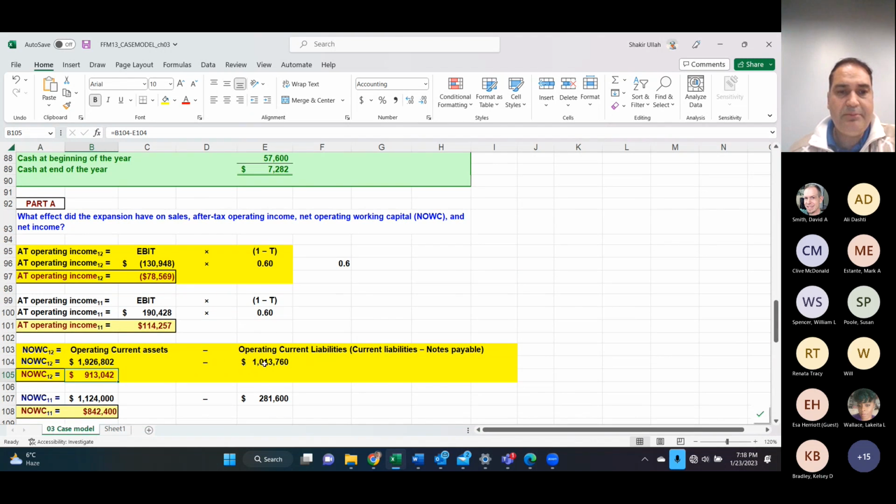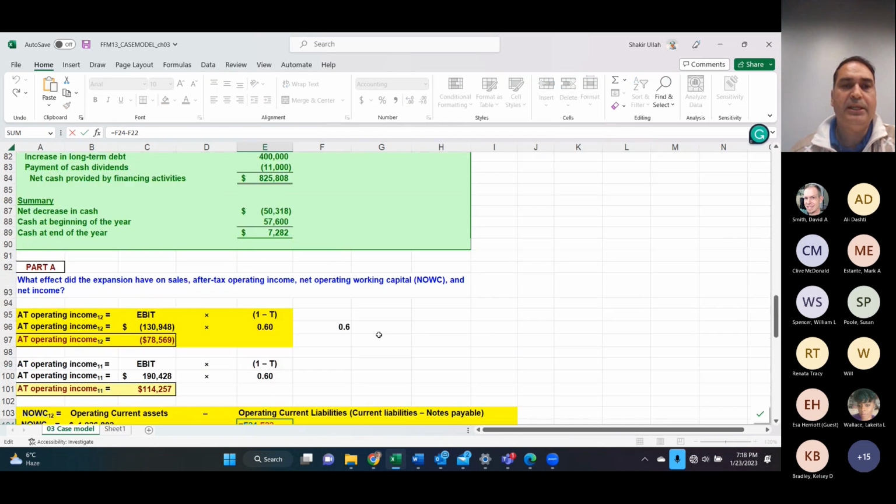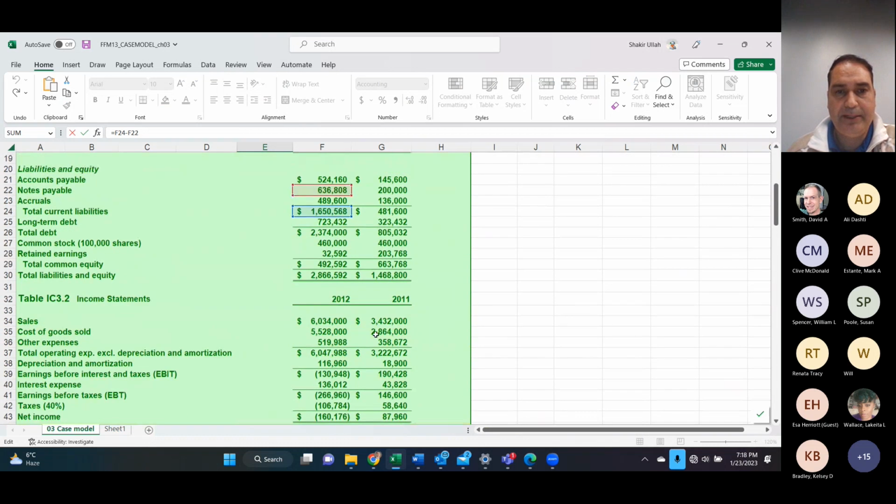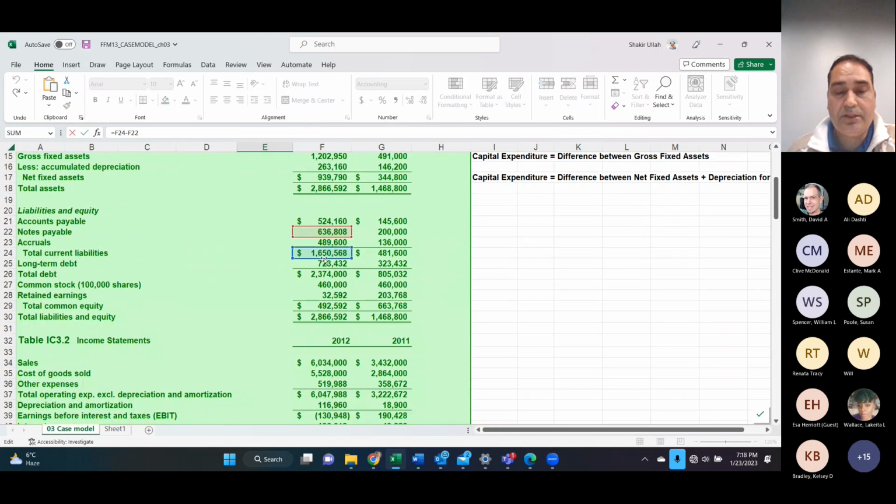And then minus the operating current liabilities. So we take the total current liabilities and subtract the notes payable from that, which is a bank borrowing, for example. So we go to the total current assets, and these are the total current liabilities, and we remove the notes payable. The remaining amount is what we call the operating liabilities, all right?